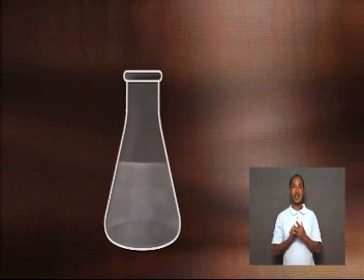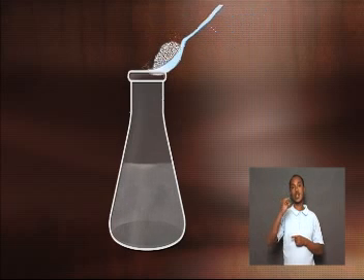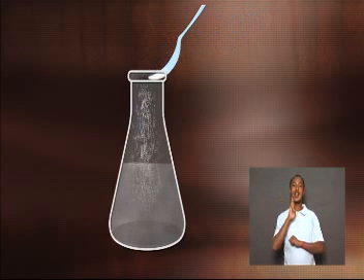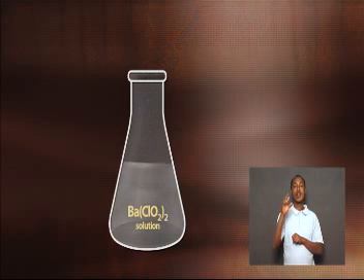Let us now discuss an experiment that investigates the preparation of chlorous acid from barium chlorite solution and sulfuric acid. To begin, 12 grams of barium chlorite is dissolved in water to prepare a 100 milliliter solution in a beaker.